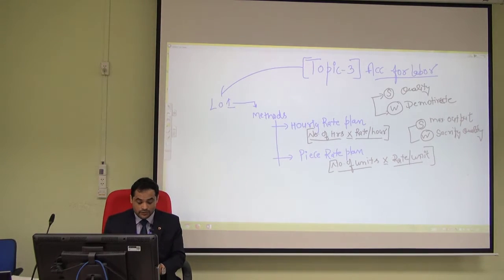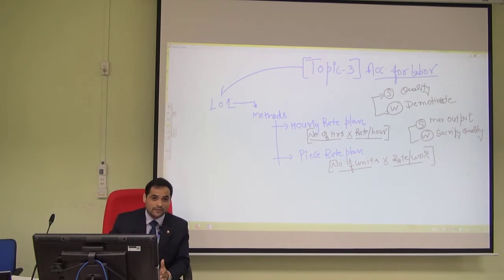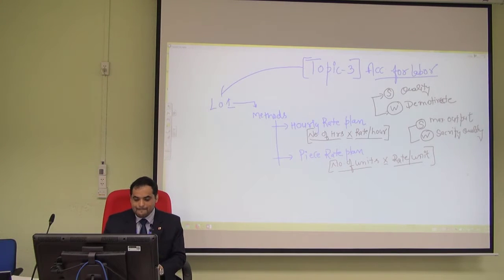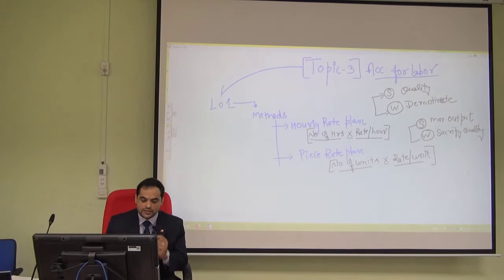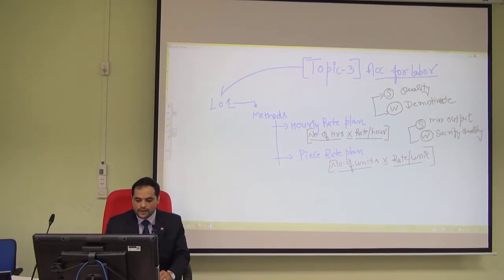So the workers like to produce more products in a short period of time, so they can earn more money. That's the reason the quality may be affected. Right, so that's the main idea of the piece rate plan.